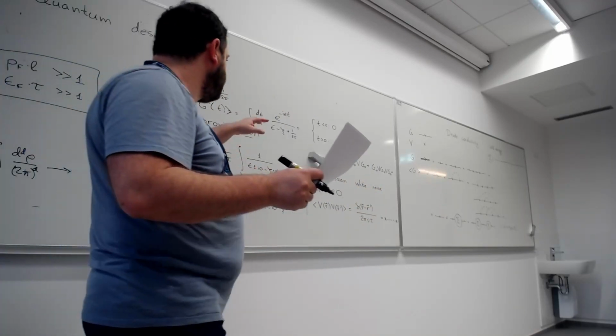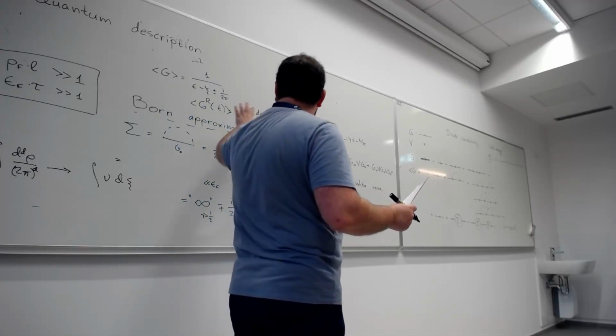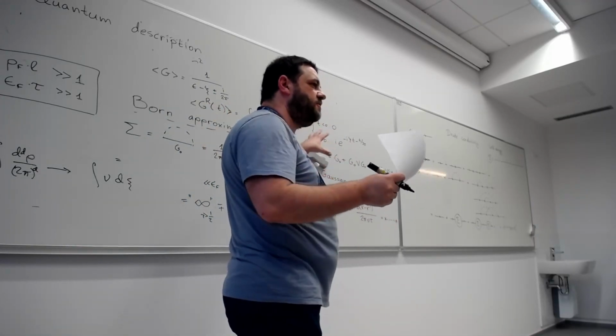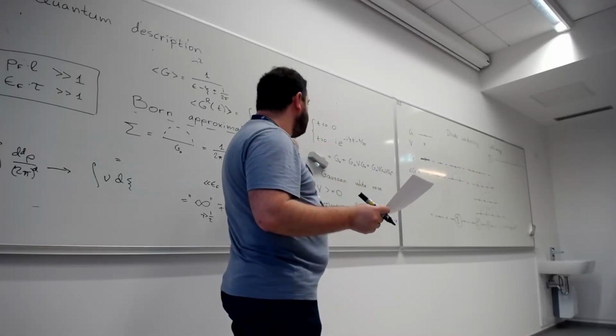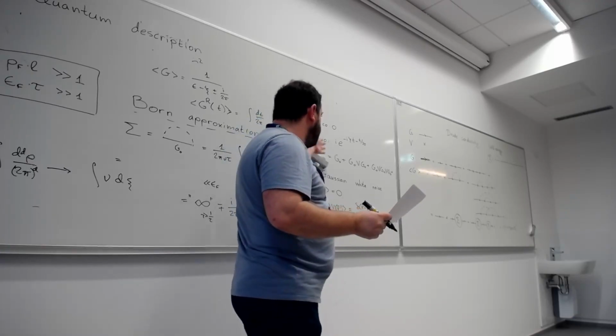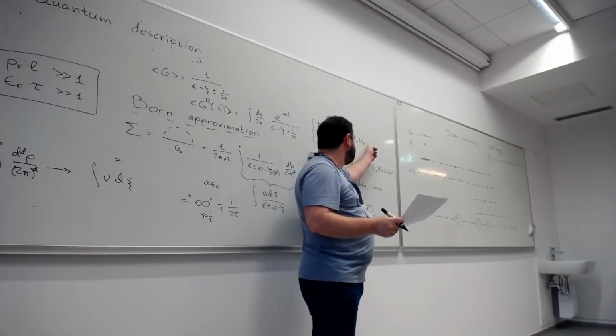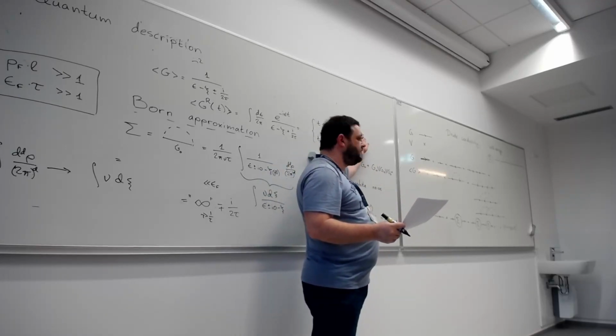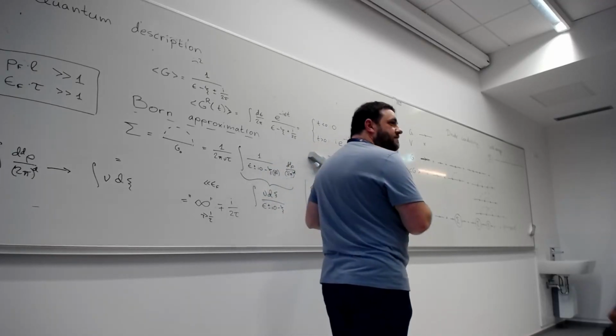Now the question, what will happen if I do exactly the same thing, but for a clean Green function without disorder? Clean Green function has I0 here instead of I over 2 tau. And it's exactly the same calculation, we just should say that tau is infinite, and just remove this term from here.